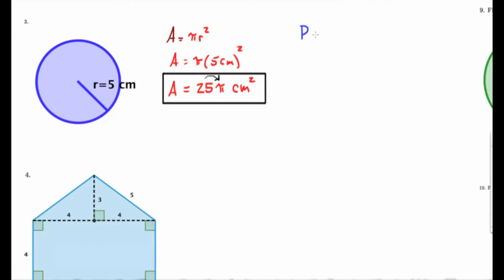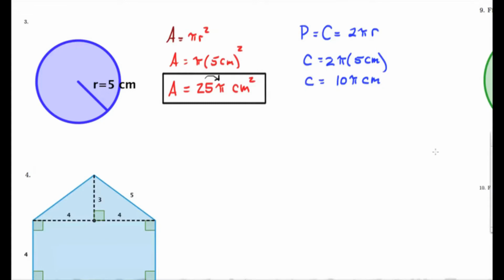Perimeter is the same as circumference for a circle, which is 2 pi times the radius r. So circumference equals 2 pi times 5 centimeters. And 2 times 5 is 10 pi centimeters.